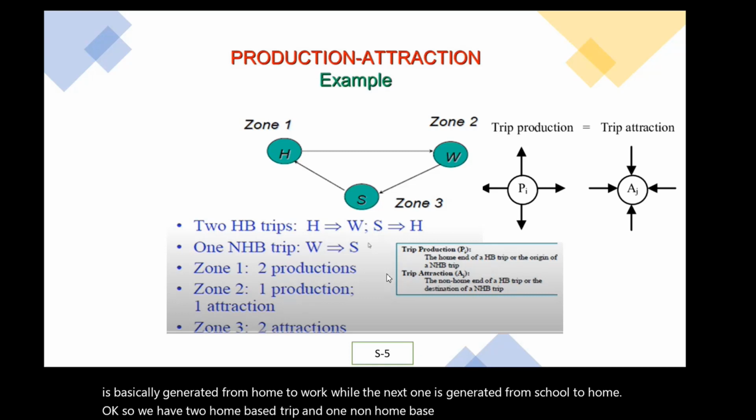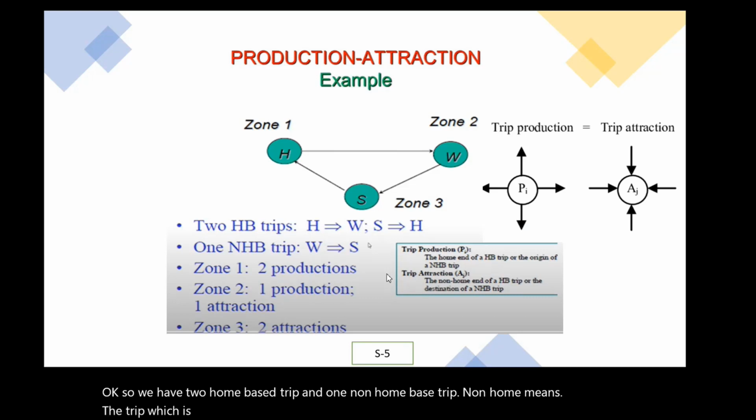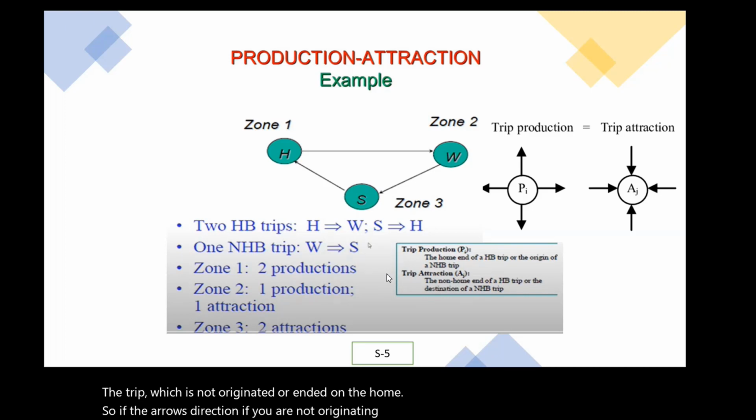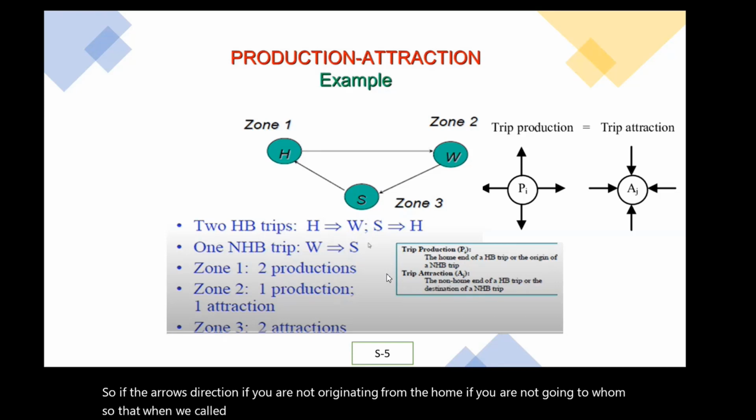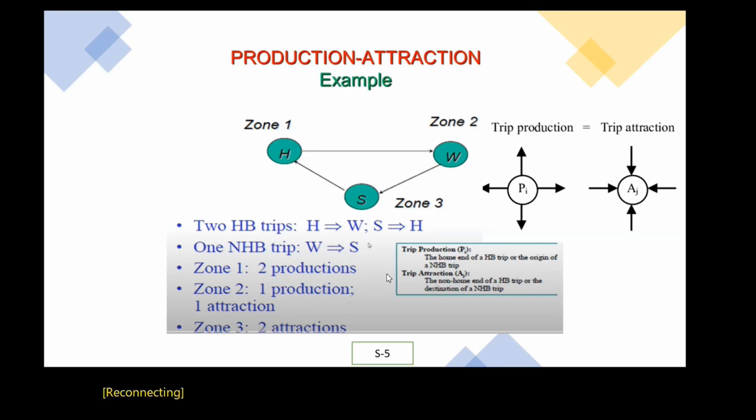Non-home-based means the trip which is not originated or ended at home. If the arrow is not originating from home and not going to home, we call that a non-home-based trip. I think it's quite clear. One is coming from work to school, while another one is generating from school to home.